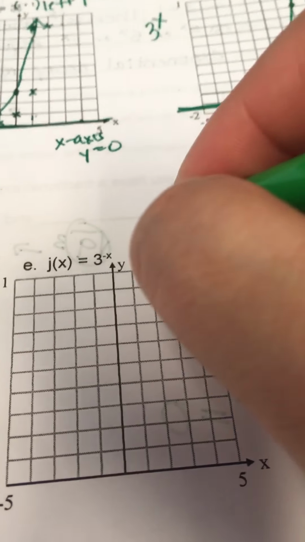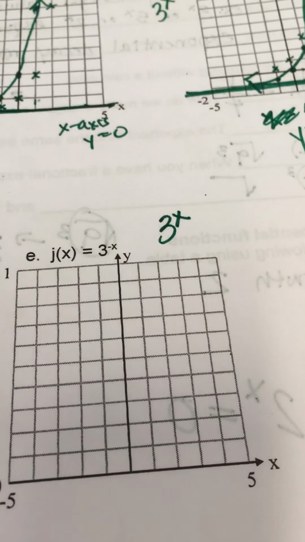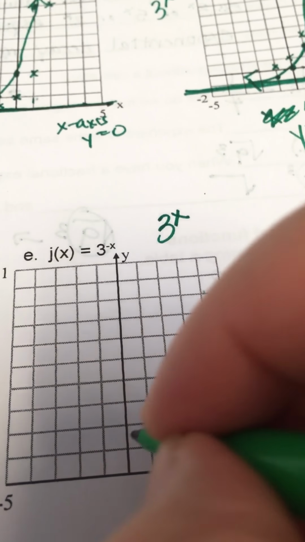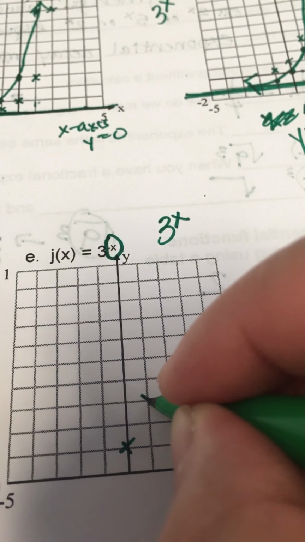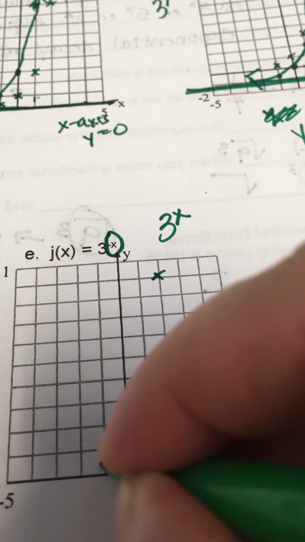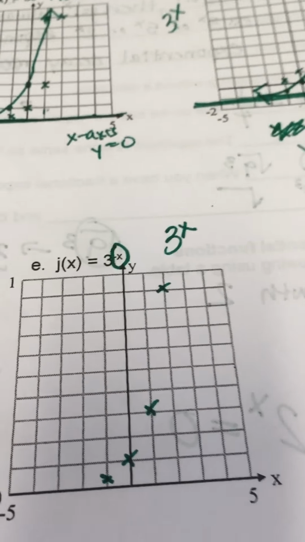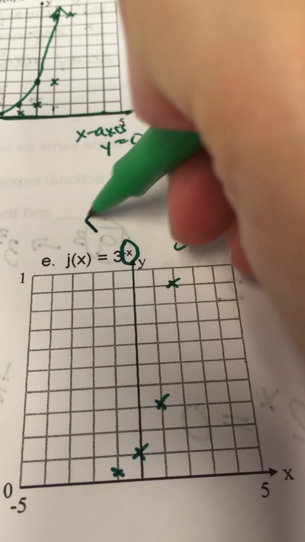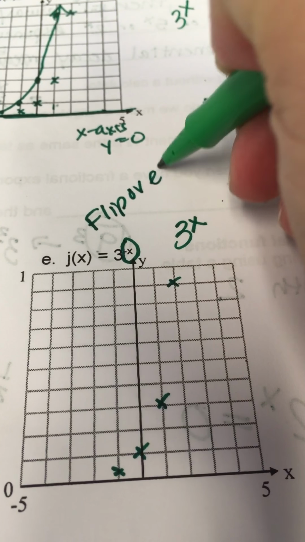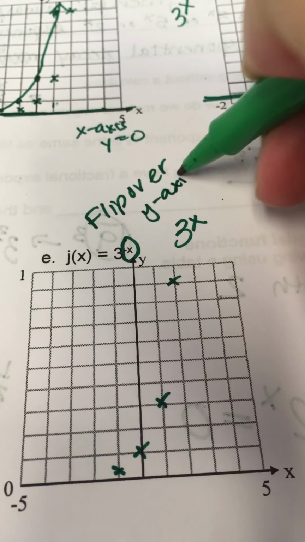And this last one, again, we have our parent graph of 3 to the x. So this time, there's my point for 3 to the x. This time the negative is with the exponent. This means it's a flip over the y-axis.